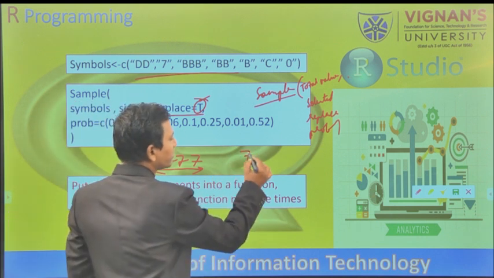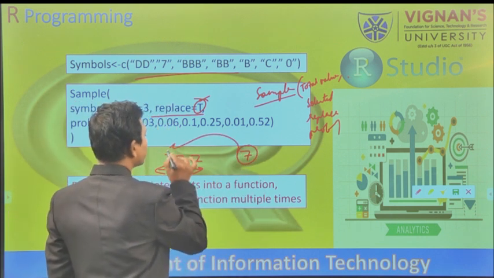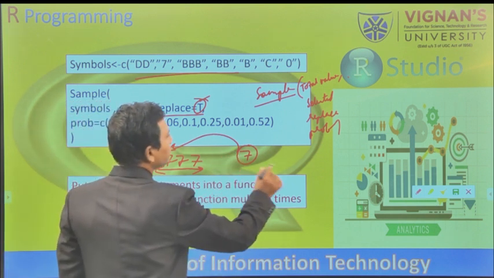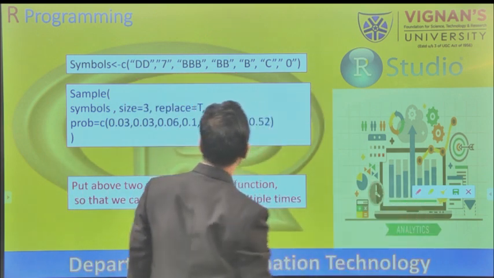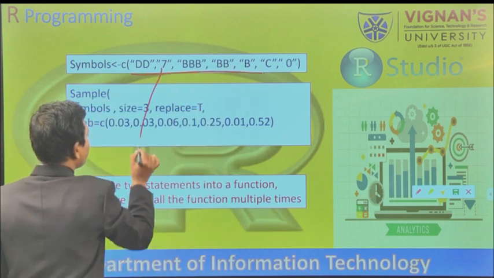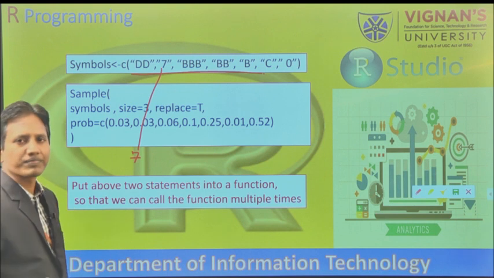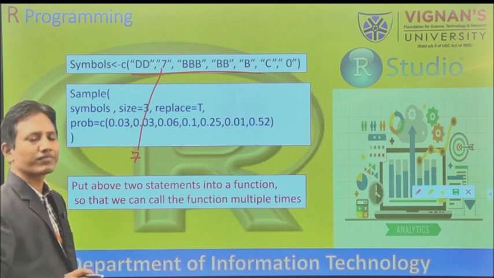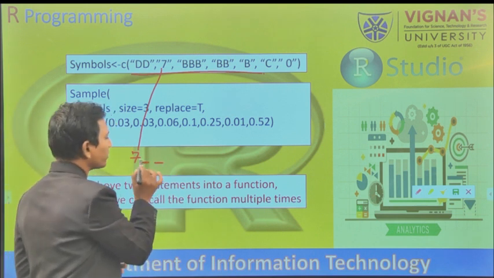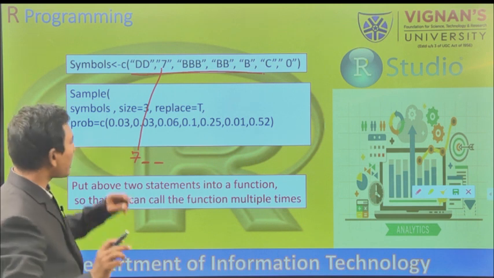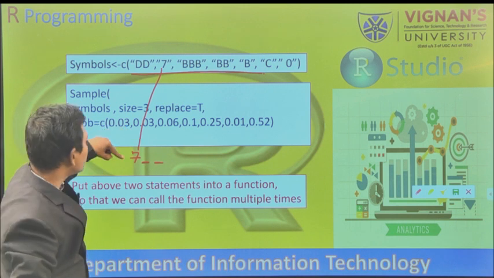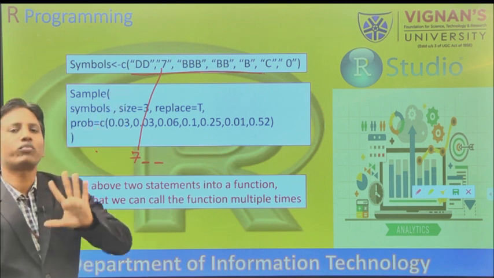Out of the 7 symbols, first it has picked symbol 7, randomly. So the second time when it is going to pick at this position, the question is whether it has to put this 7 back and then select, or does not put the 7 back.